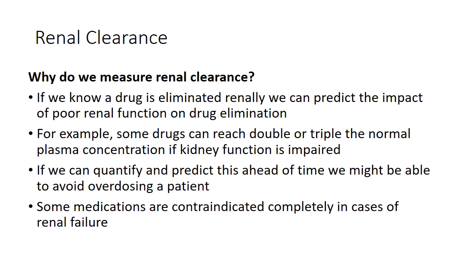There are many of them out there, but the rule of thumb is basically any drug that has high renal clearance, there's either a contraindication or usually a dosing reduction in the cases of renal failure or at least renal impairment. And there are many different levels of renal function that you'll learn about later on. There's impairment, there's acute kidney injury, there's chronic kidney injury, there's renal failure, and you'll learn about those later on.